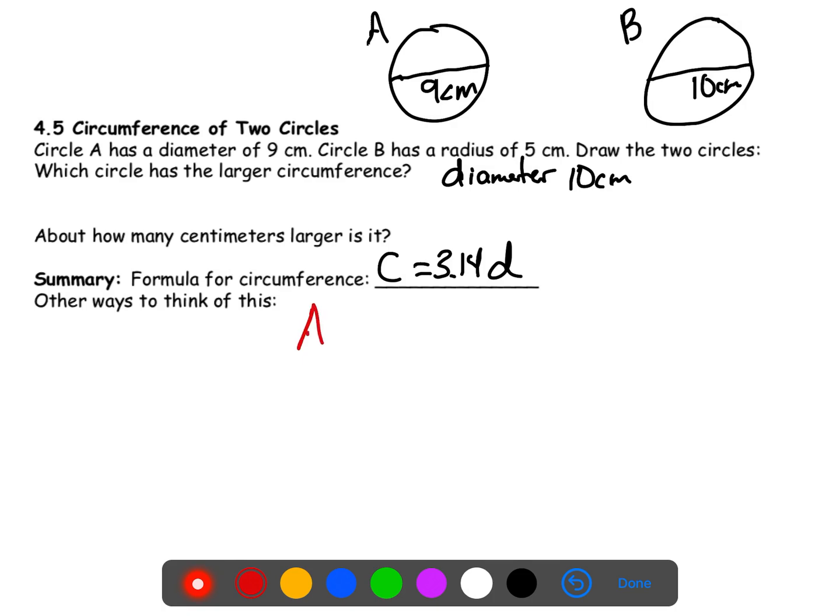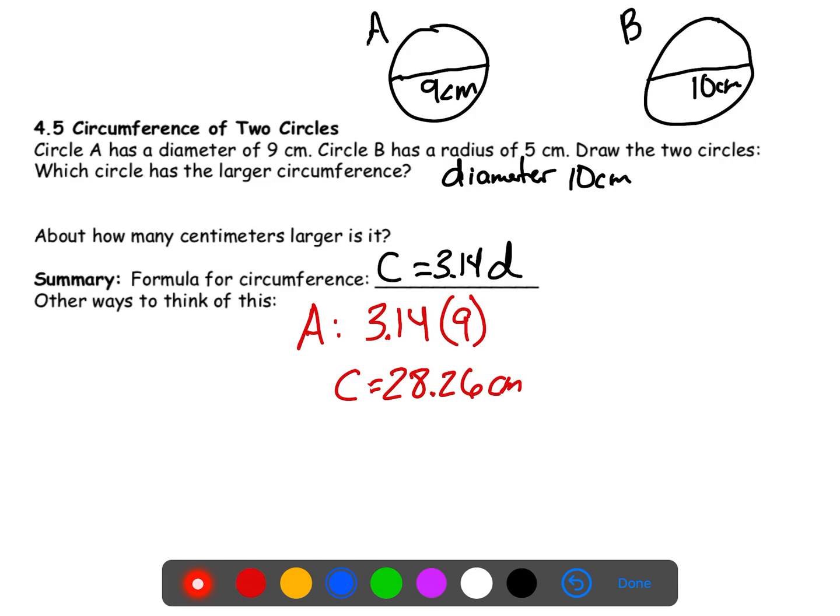For circle A, if we take 3.14 times 9, which is the diameter of circle A, then we would get a circumference of 28 and 26 hundredths. That'd be centimeters still, and that's the circumference there.